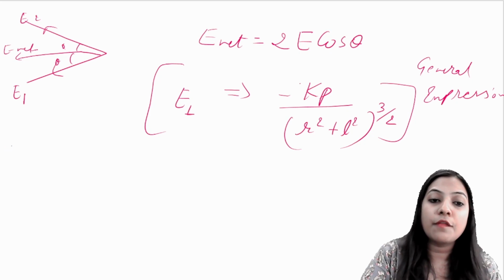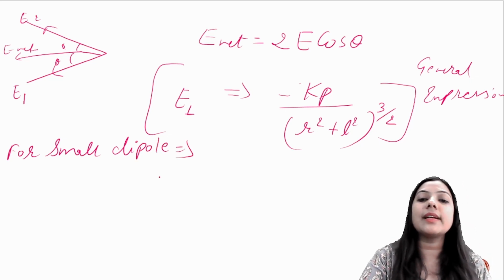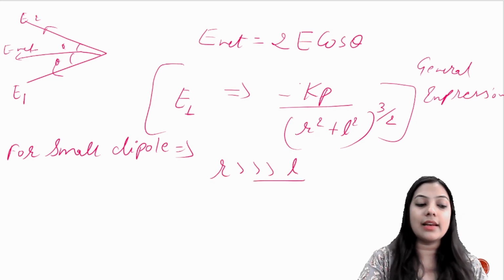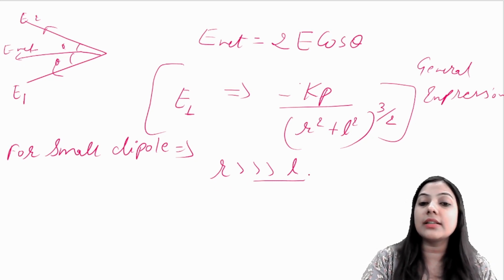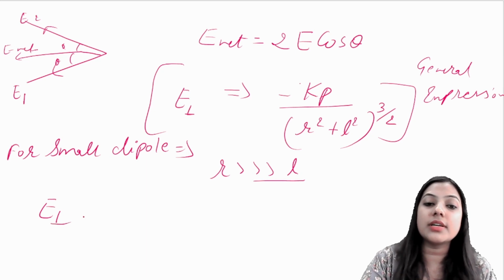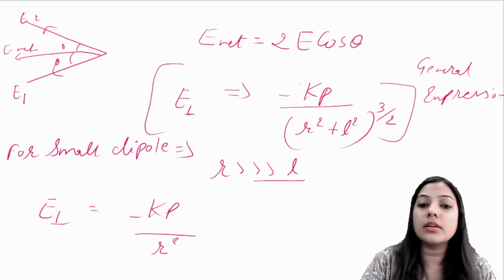For a small dipole, what is the condition? We take the value of r very much greater than l, and the equation becomes minus Kp upon r square to the power 3 by 2.